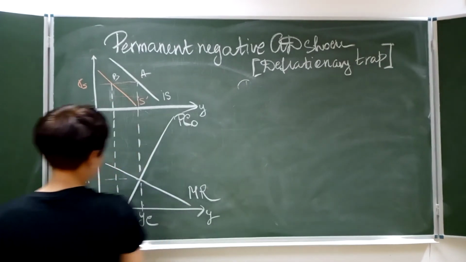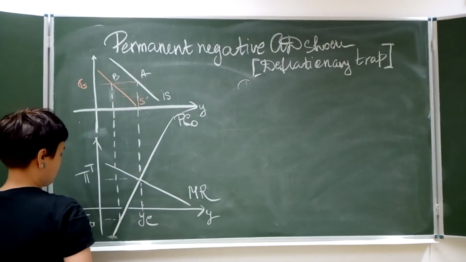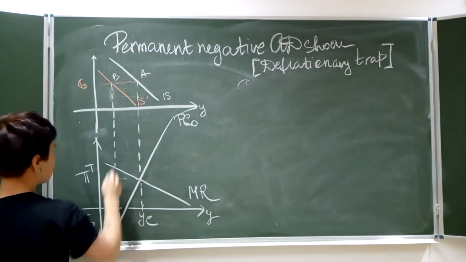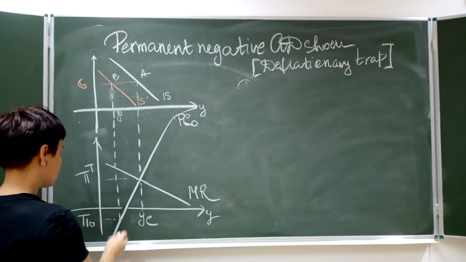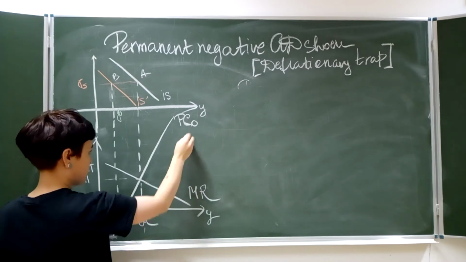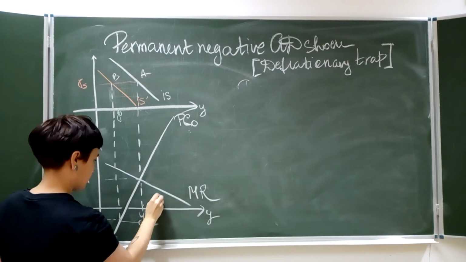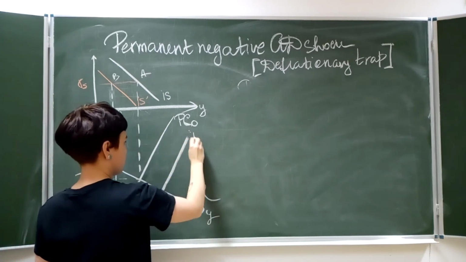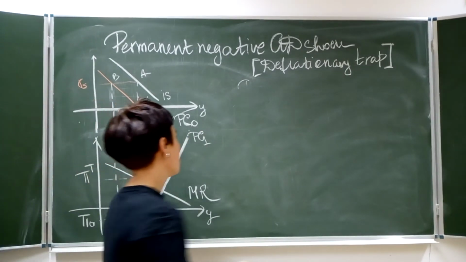Fine. So here we have inflation in period 0 and output in period 0, obviously. We know that for the next period, the Phillips curve shall be here. It will correspond to the level of inflation in the previous period.